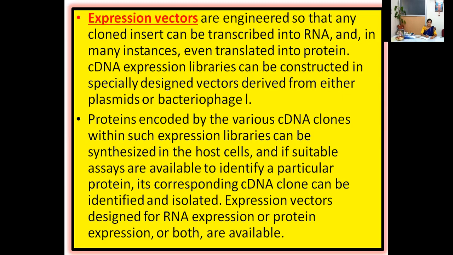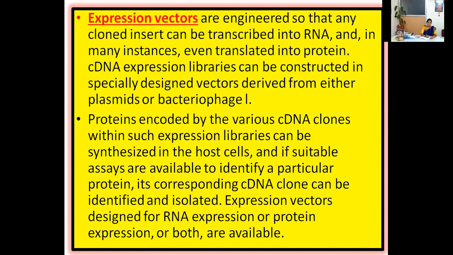cDNA expression libraries can be constructed in specially designed vectors derived from either plasmids or bacteriophages. Proteins encoded by the various cDNA clones within such expression libraries can be synthesized in the host cells, and if suitable assays are available to identify a particular protein, its corresponding cDNA clone can be identified and isolated.